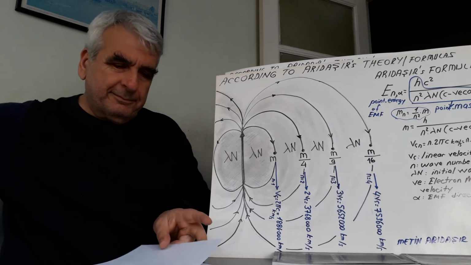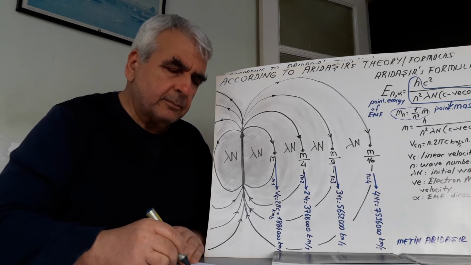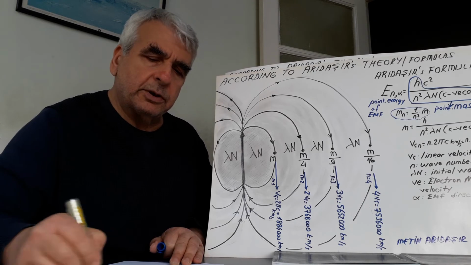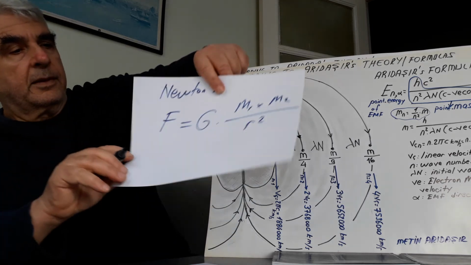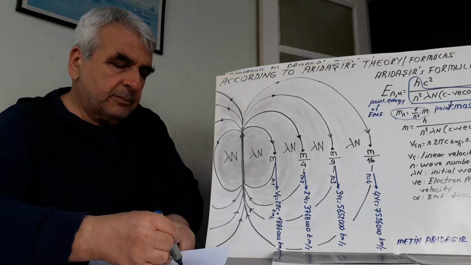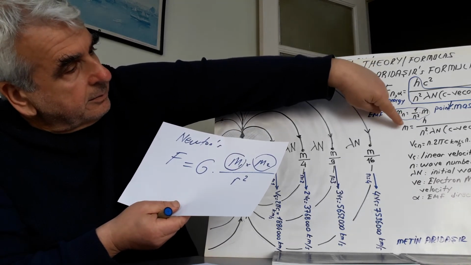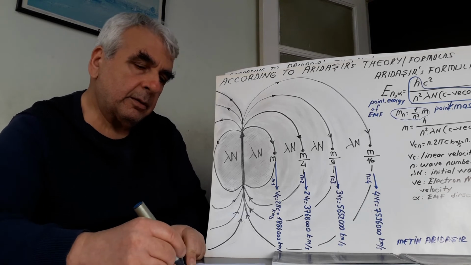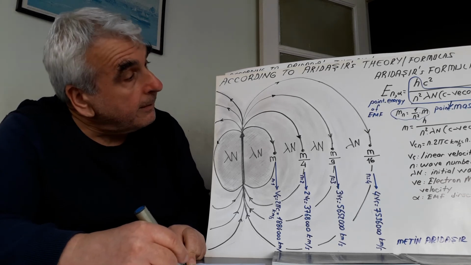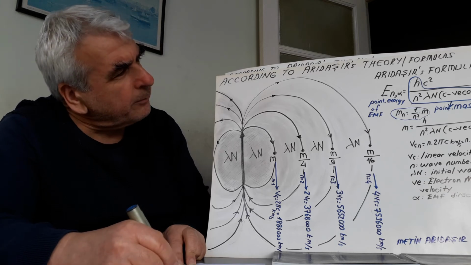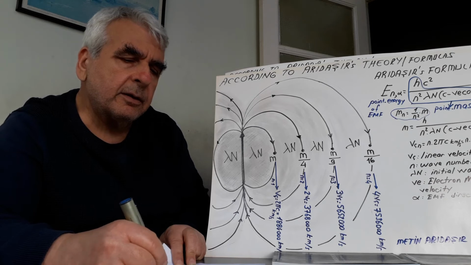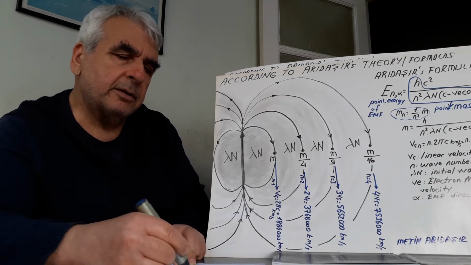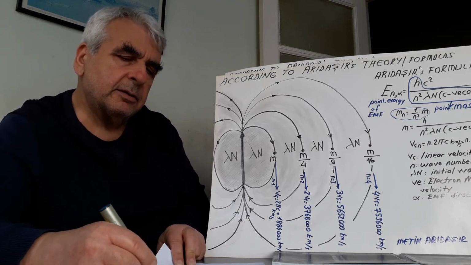Now, Newton's F equal to G m1 m2 divided by r squared. Here, if I put my formulas for m here and there, like this, F equals H divided by n squared lambda n, C minus etc., multiplied by H n squared lambda n, divided by like this.